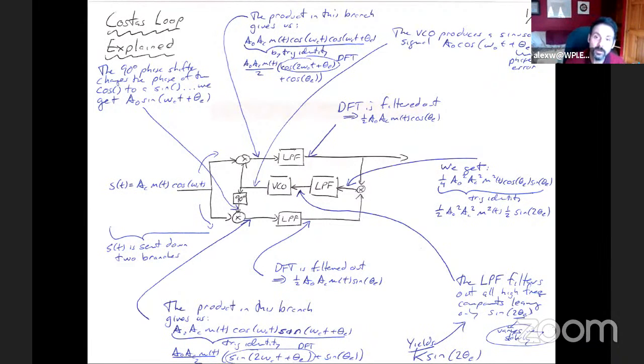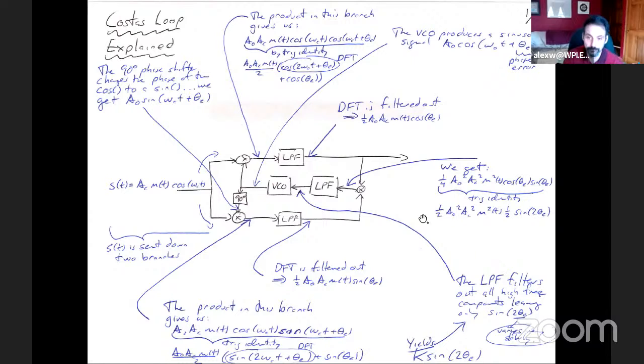Again, using a trig identity, we now get the square of the message, times half, of sine 2 theta e. So it's 2 times the phase. That's what the trig identity gives us.